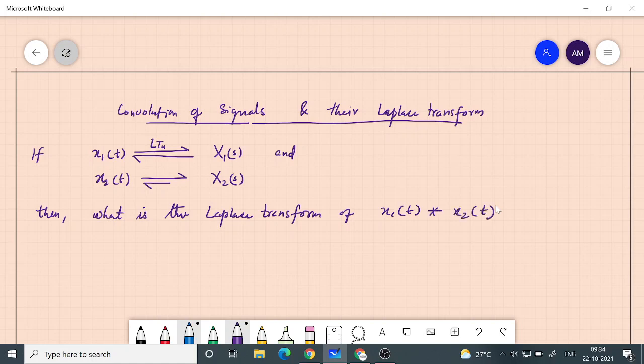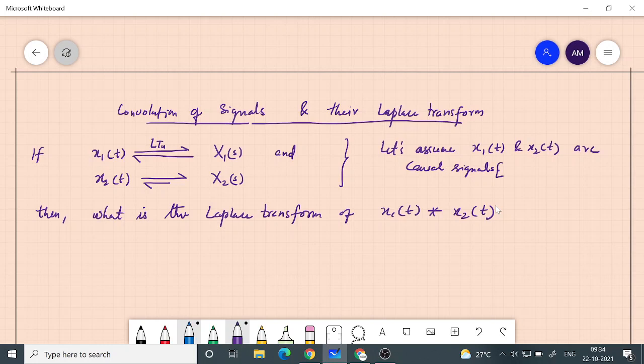Let's also assume x1 of t and x2 of t are causal signals. Okay, causal signals, I hope you know what it means.